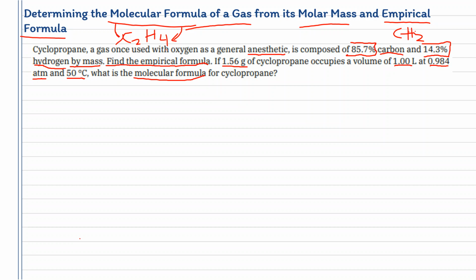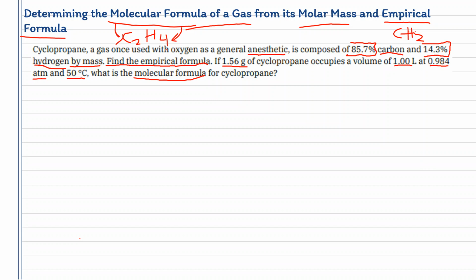We want to start with carbon. We were told the percentage by mass, which means that if the total compound was 100 grams, 85.7 grams of that compound will only be carbon, and 14.3 grams of that compound will be hydrogen.